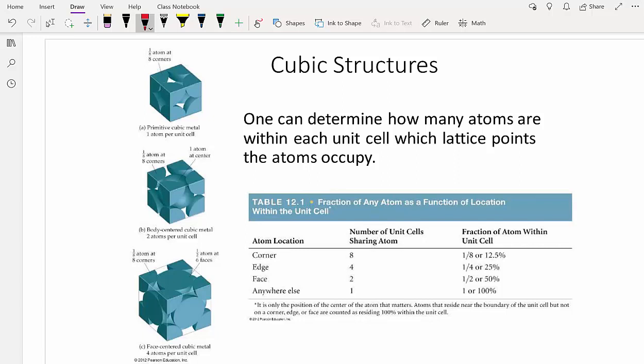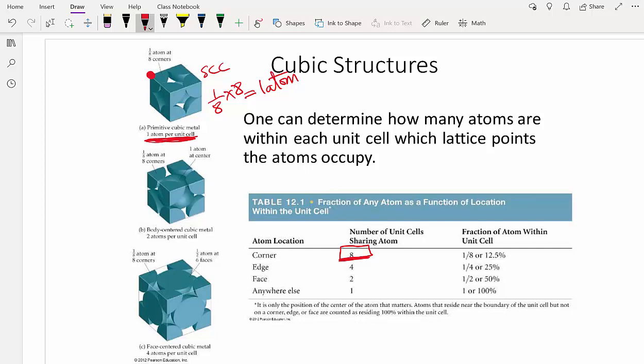Now, each corner of a unit cell is shared by 8 other unit cells, which means that the net number of atoms in a primitive cubic structure will be 1/8 times 8, and that works out to 1 atom for SCC. So we only have 1 net atom per unit cell in primitive cubic structure.